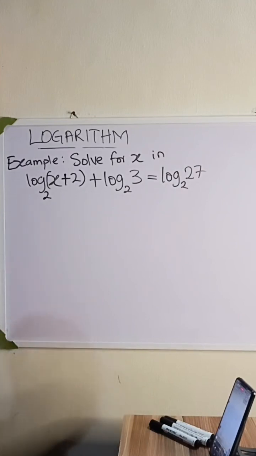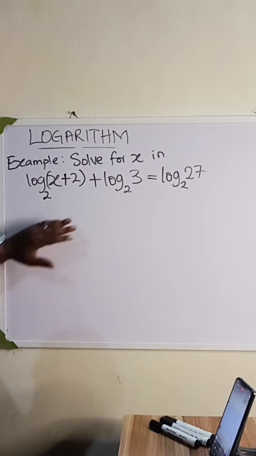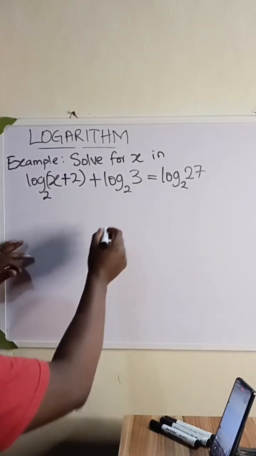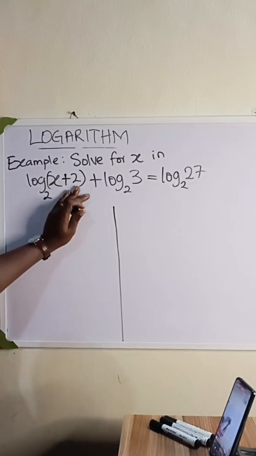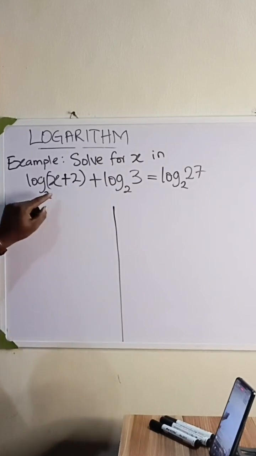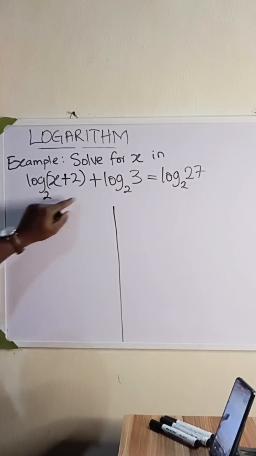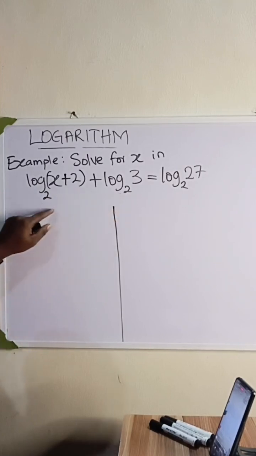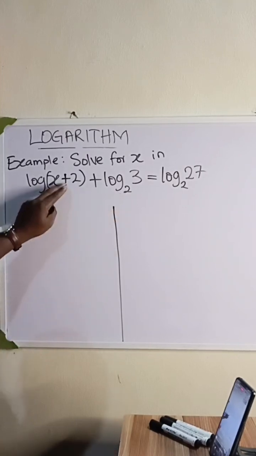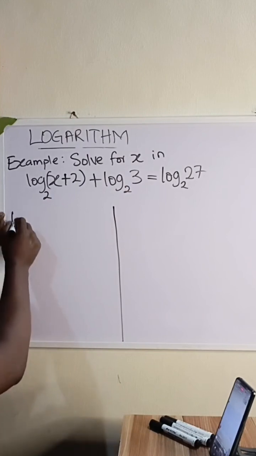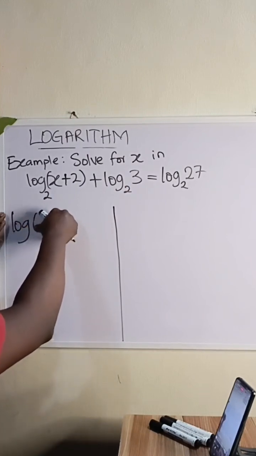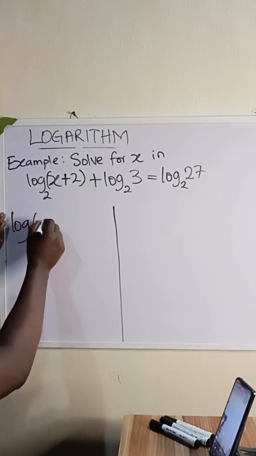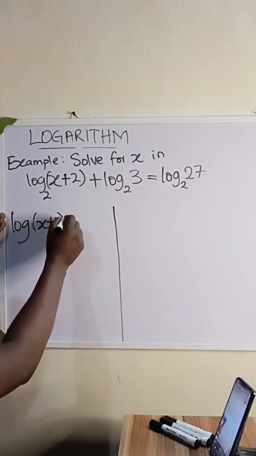Okay, so let's look at the answer. So now, considering this, on the left side, we are going to apply the addition law. So these are two logarithms with the same base. So you are going to multiply the ordinary numbers. So this will be log x plus 2 multiplied by 3.